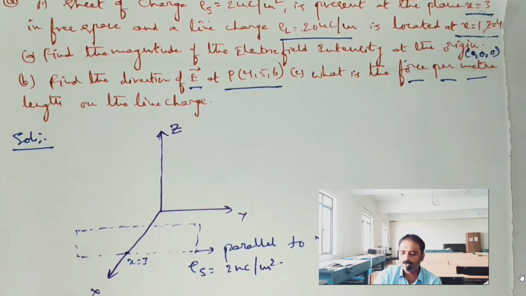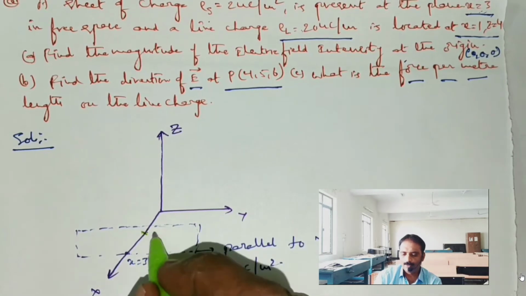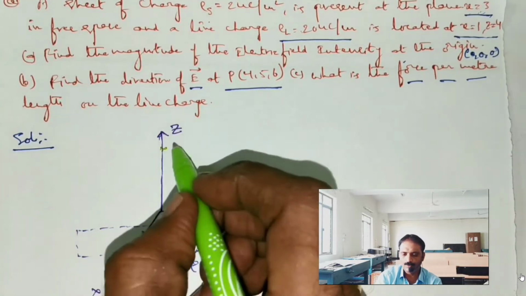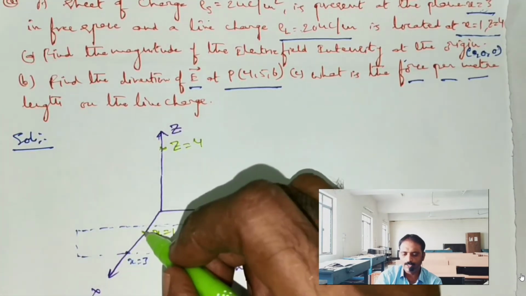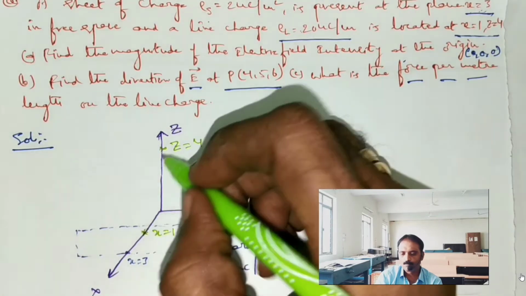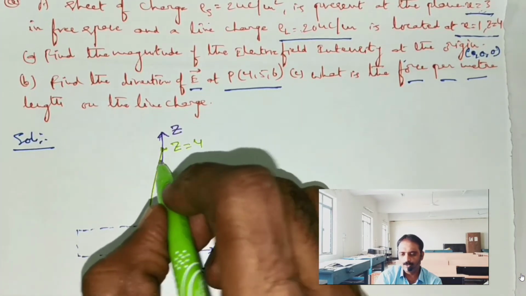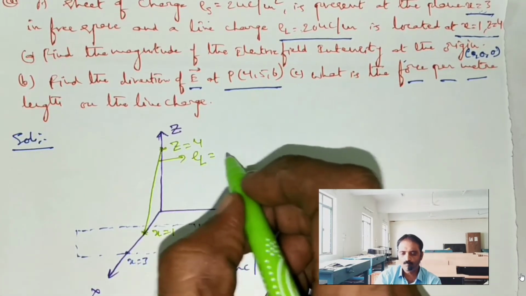Next, the line charge is located at x equal to 1 and z equal to 4. I am locating the points x equal to 1 and z equal to 4, and joining those two points, you get the line charge. In the given case, rho l is equal to 20 nanocoulombs per meter.